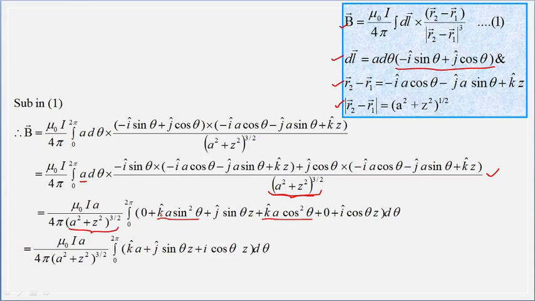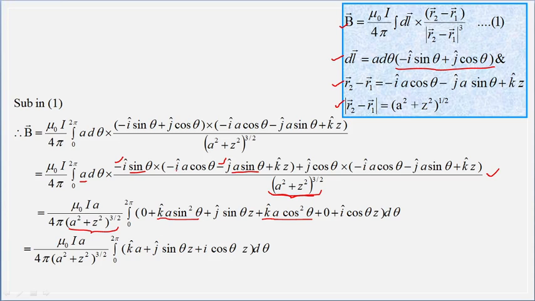We have written here k and sin theta and a sin theta. This is a sin theta into a sin theta, which is a sin square theta. Minus plus, this minus and this minus plus, then i cross j is k. So unit vector k, a sin square theta.